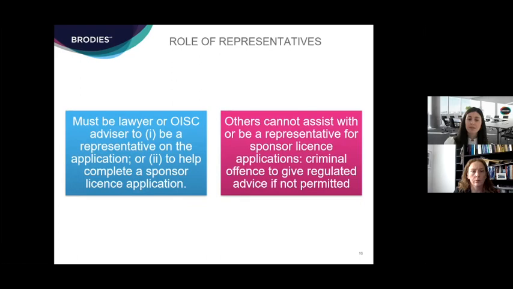So they do have to have that regulation to be the representative on the form itself, and to also help you in the background with getting your documents together, and to give you advice on the licence application itself. Anyone else cannot be a representative for the purposes of your application, so just bear that in mind, and that it can be a criminal offence for that advice to be given.